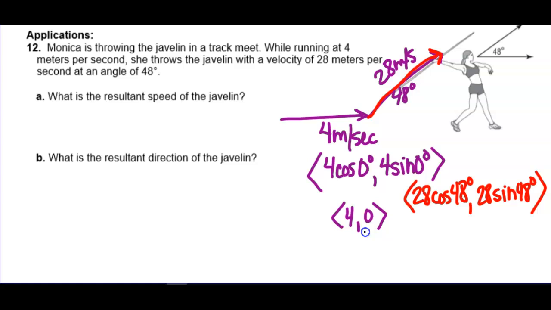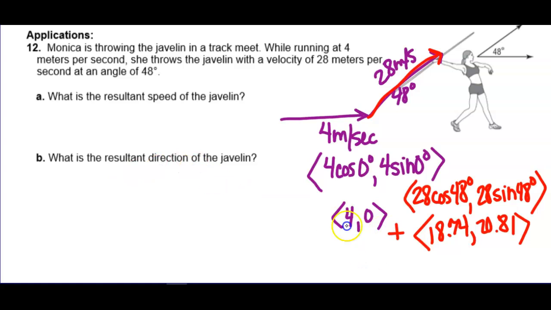So 28 cosine of 48 and 28 sine of 48. And I typed 40 both times, not 48. All right, so I got 18.74 and 20.81. Now, what is the resultant speed and the resultant direction?